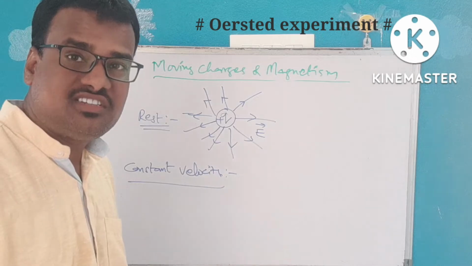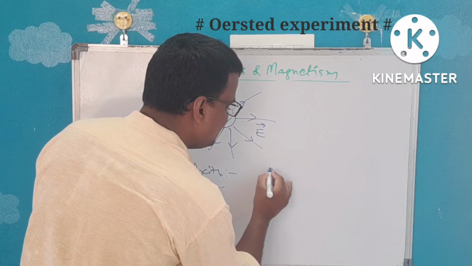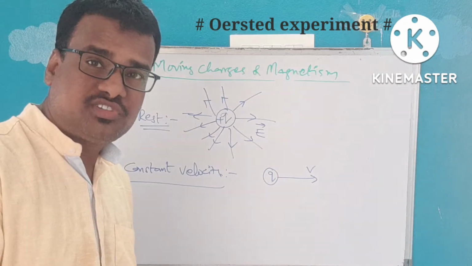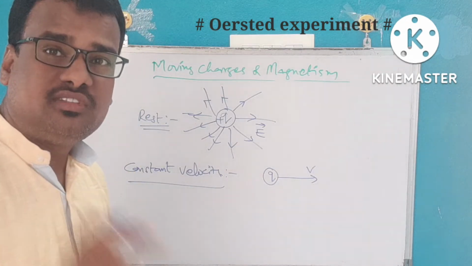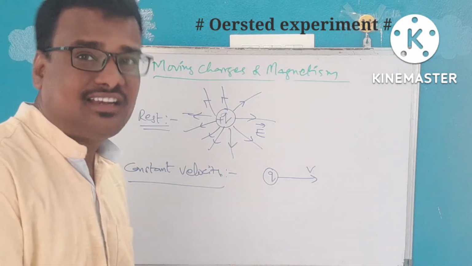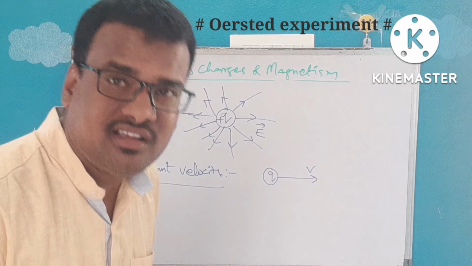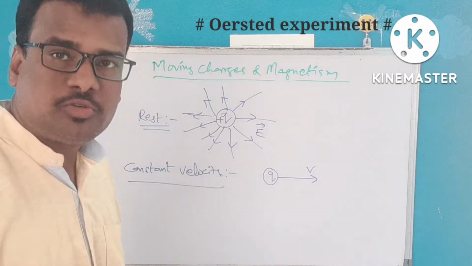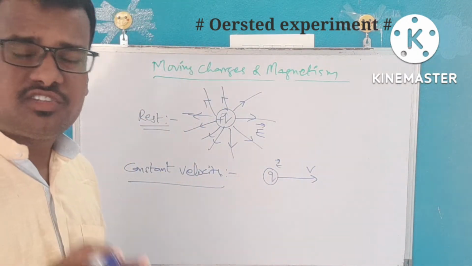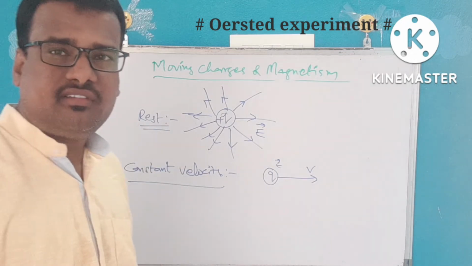If the charge is moving with a constant velocity, then everywhere in its surroundings there is an electric field. In addition to the electric field, a magnetic field is generated by the charged particle. The electric field is already there, because wherever a charged particle is, there is definitely an electric field in its surroundings.